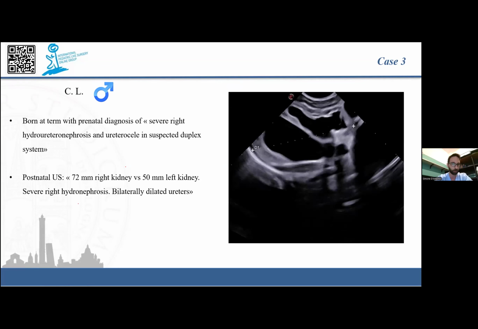Last case is a male, born in our center, the more complicated case, with a prenatal diagnosis of a severe right hydroureteronephrosis and ureterocele in a suspected duplex system. The postnatal ultrasound confirmed the diagnosis and showed bilaterally dilated ureters, so even on the left side.